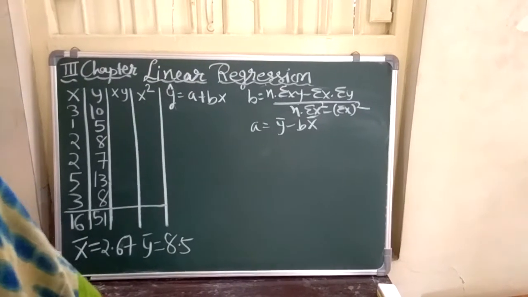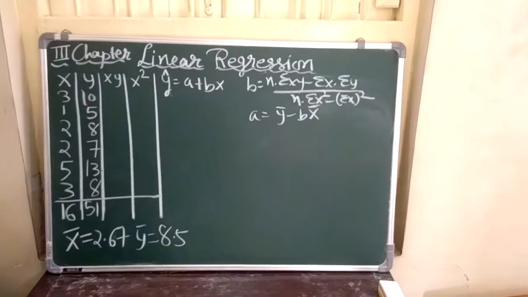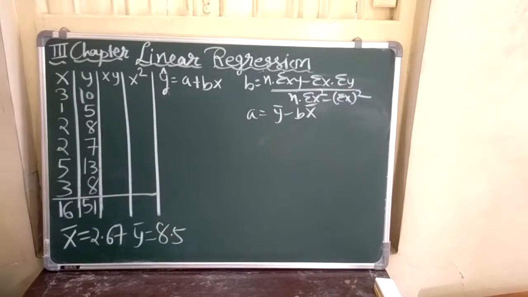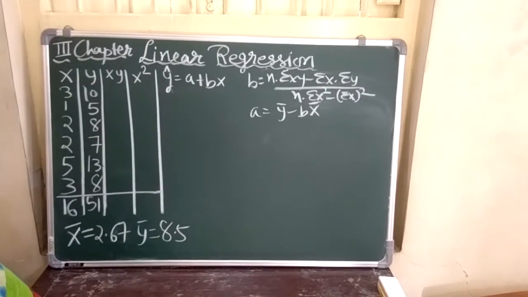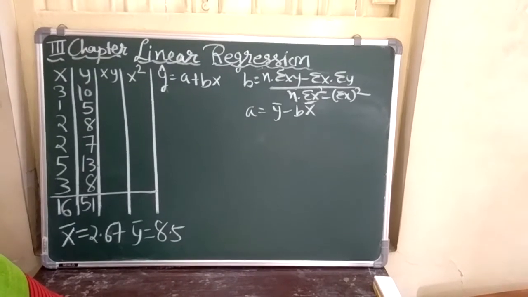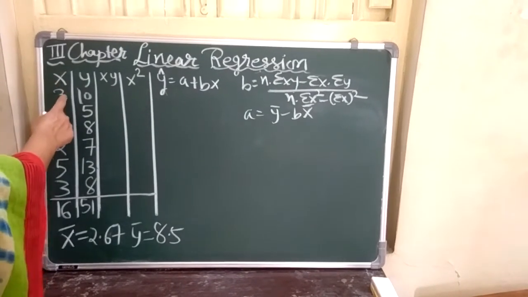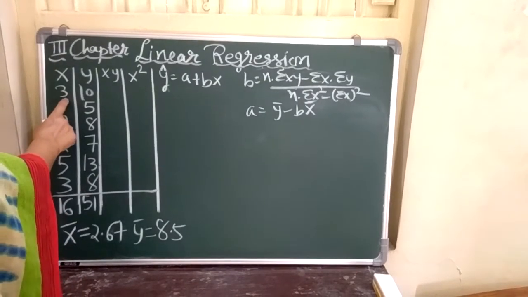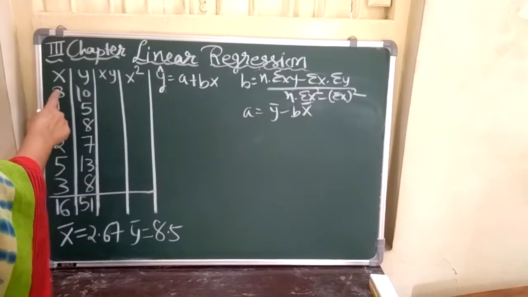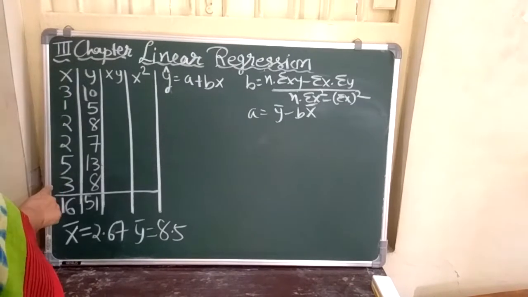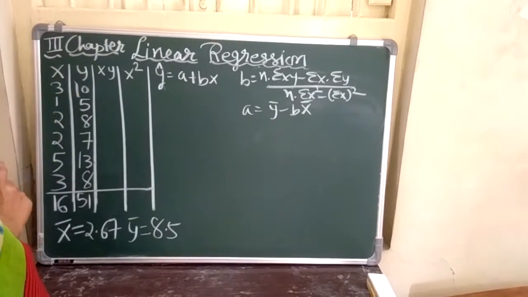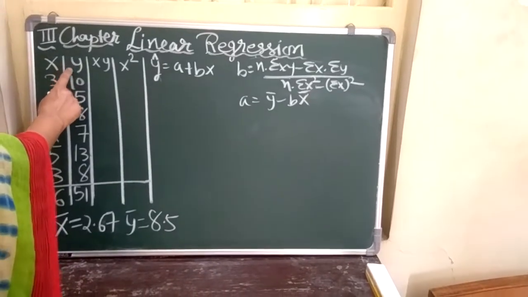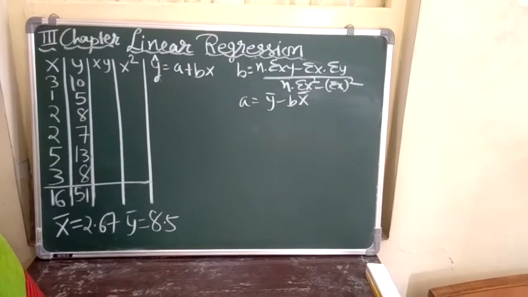The question is this way: to study the relationship between the time of usage of cars and their average annual maintenance cost, the following information is obtained. Here you can see the x variable values, that is time of usage of the car in years. Because of space problem I have not written this. And the y variable is the average annual maintenance cost in 1000 rupees, those values are given.